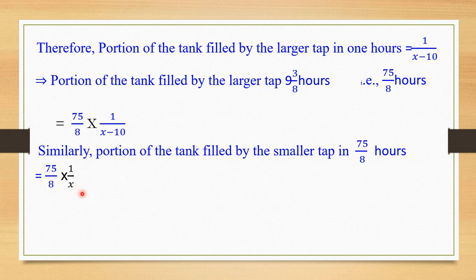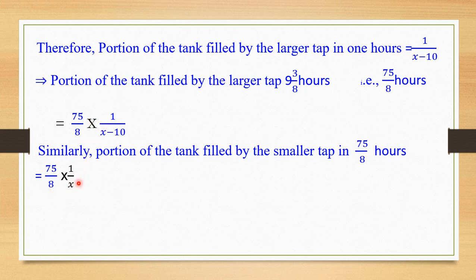Both together will fill the tank completely in 9 3 by 8 hours. So this is the work done by the larger tap in 9 3 by 8 hours, and this is the work done by the smaller tap in 9 3 by 8 hours.